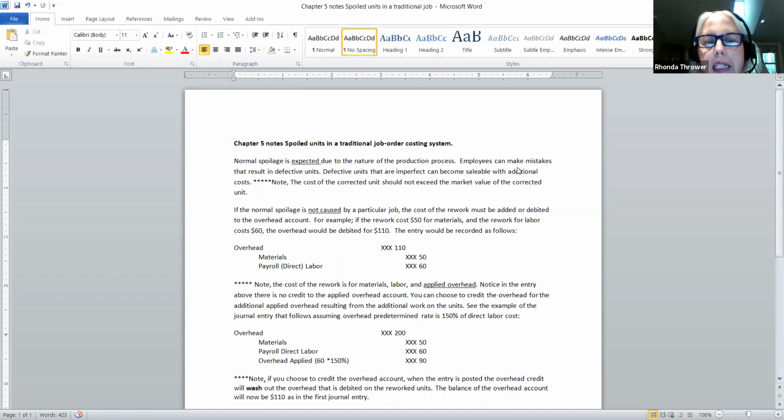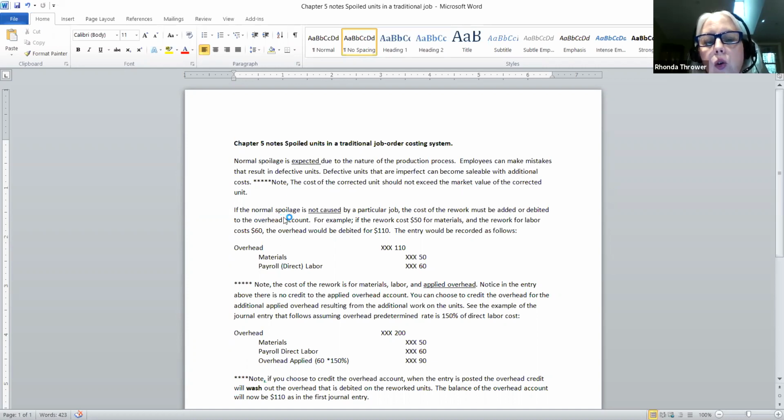Employees can make mistakes that result in defective units. And defective units that are imperfect can become sellable if we put some additional cost to those. Note, when you try to make imperfect units perfect again, we have to add cost to those units. The cost of the corrected unit should not exceed the market value, or what you think you can sell the product for.